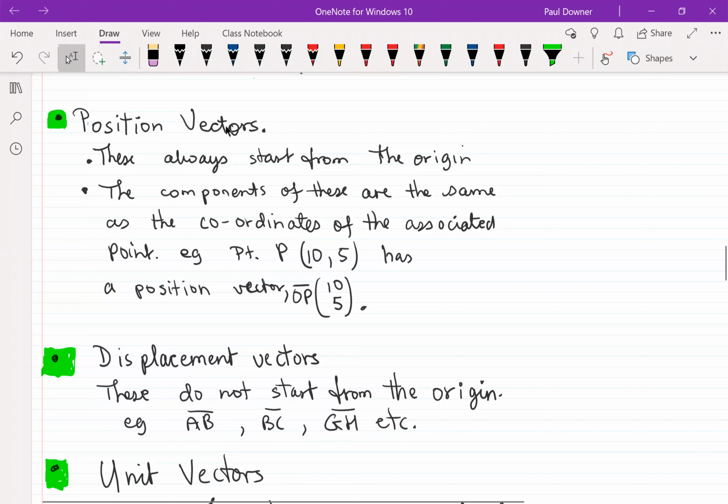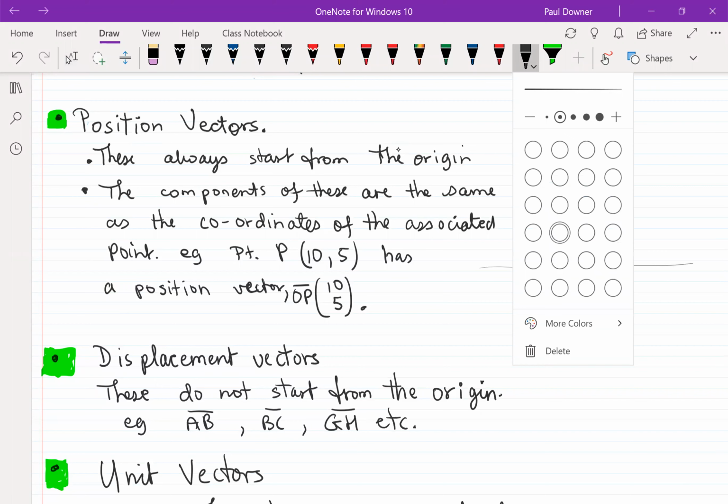The position vector we had discussed earlier when we were doing some of our calculations with translation of vectors, right? And what are position vectors? Well, firstly, these vectors always start from the origin, all right? So for example, if I drew a point here for you, P, right?